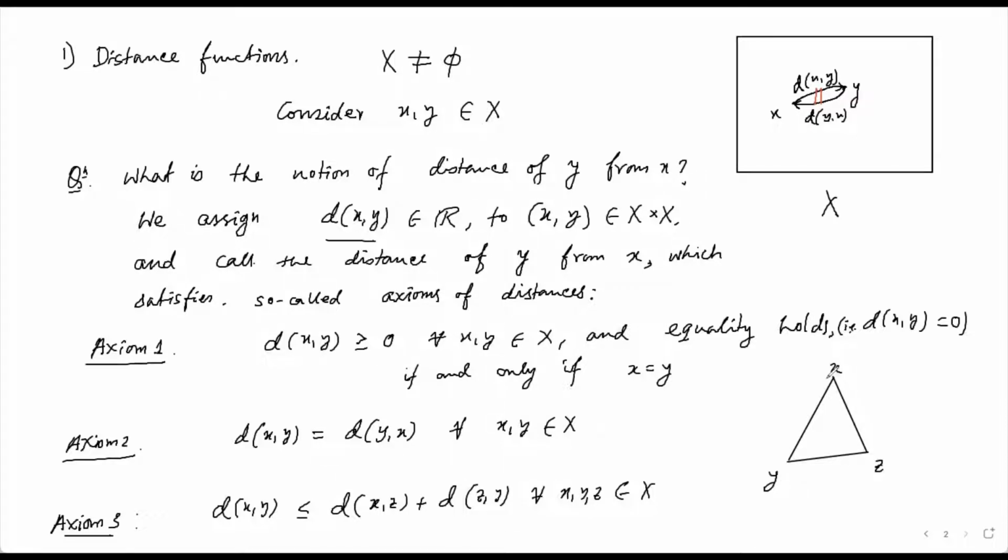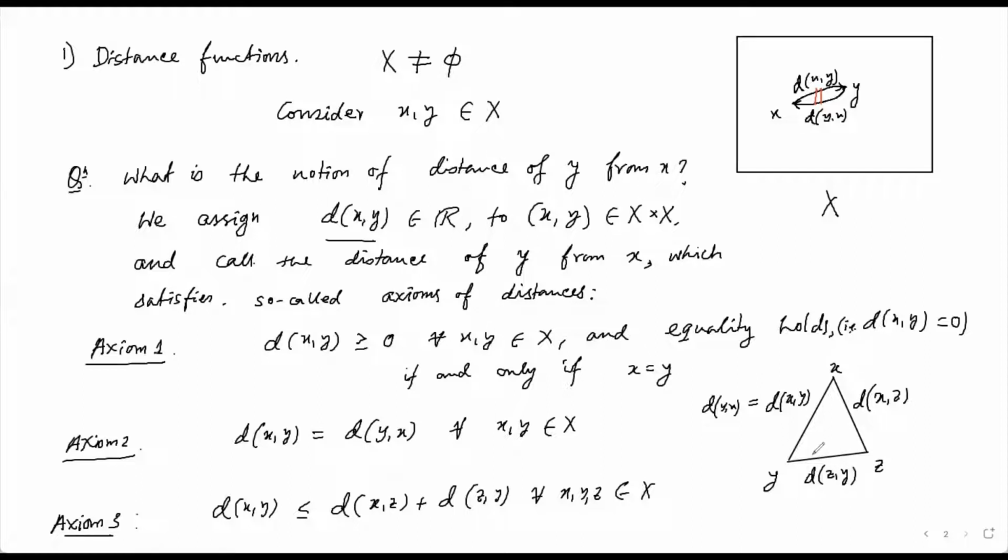So the length of this side of the triangle is equal to d(x, y), and also, by axiom 2, this is the same as d(y, x). And similarly, this is the length of this side with endpoint vertices at x and z. This is nothing but d(x, z), and similarly this is d(z, y).